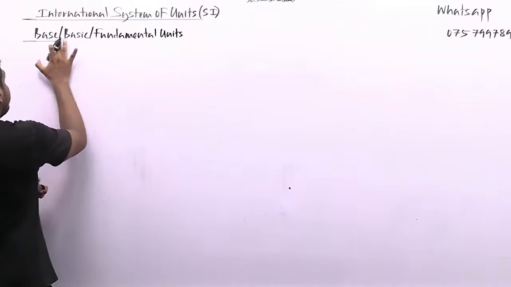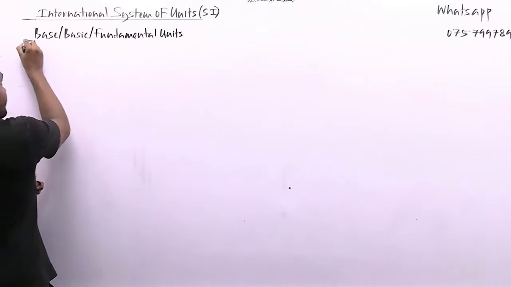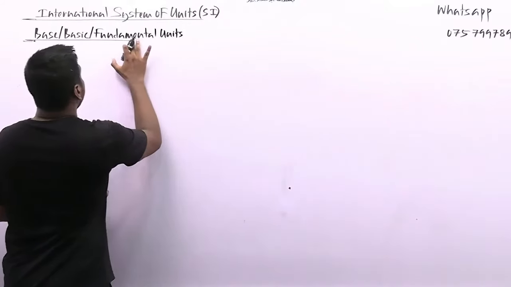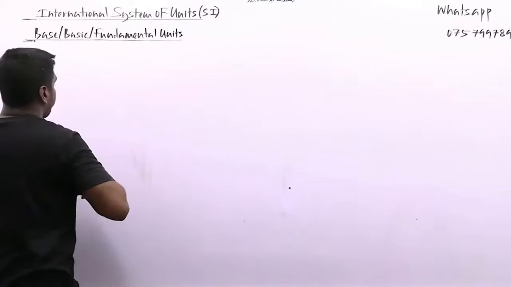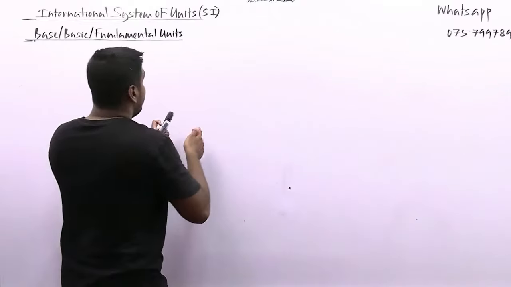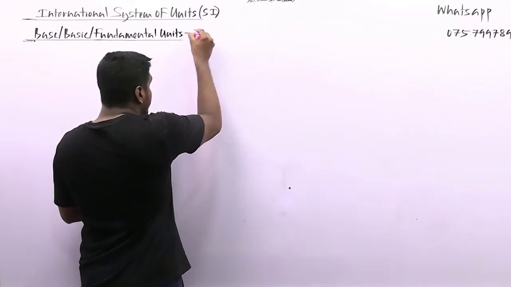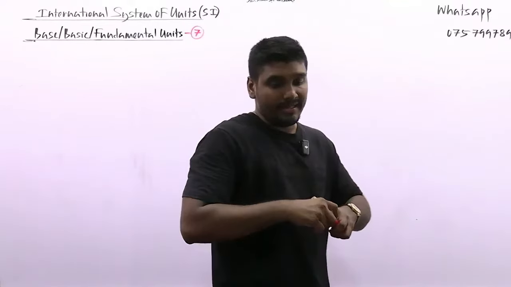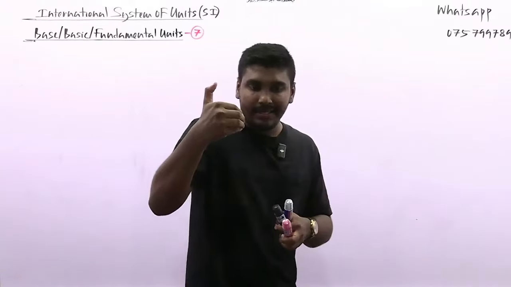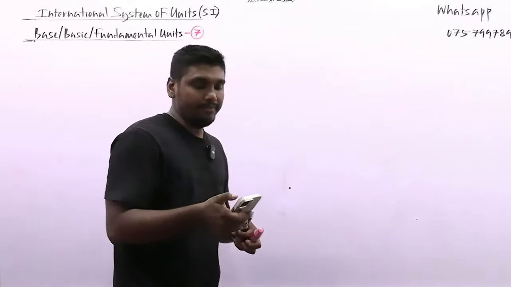There are 7. You must remember these 7 physical quantities. There are 7 basic physical quantities and 7 basic units. Now in the given table, write down the first one.